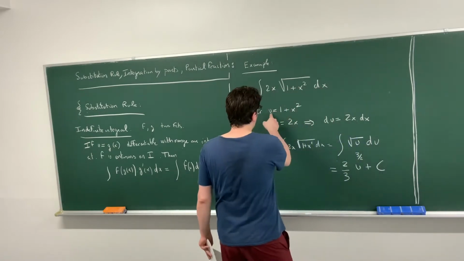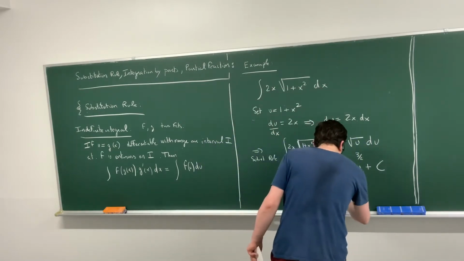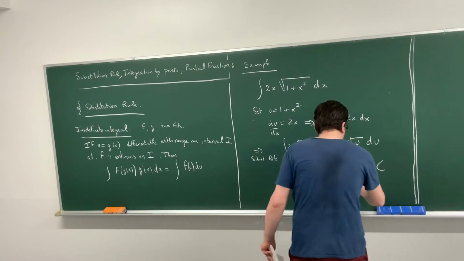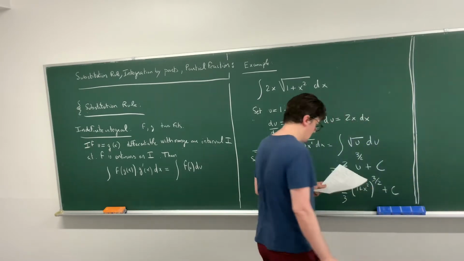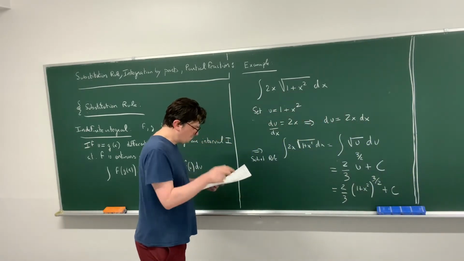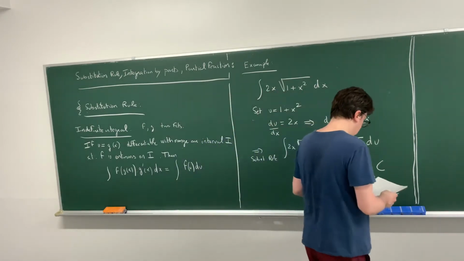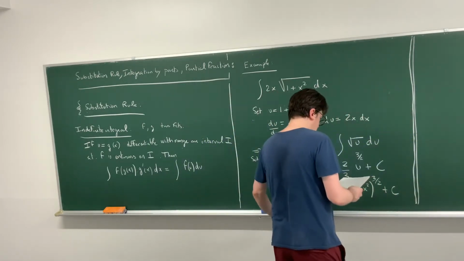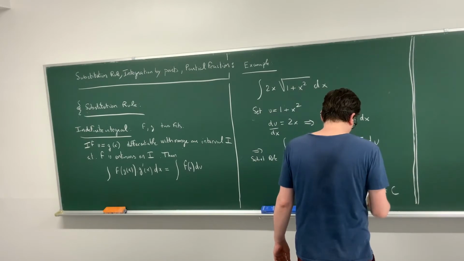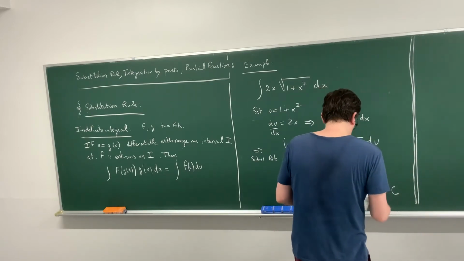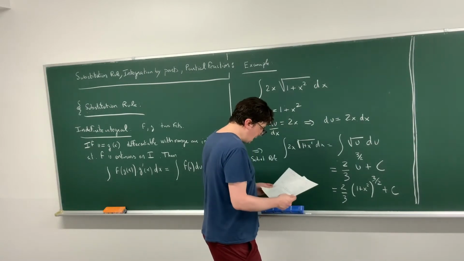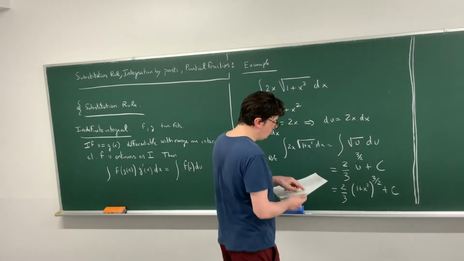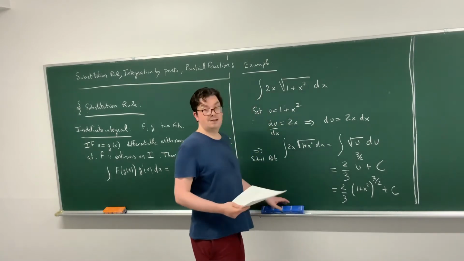Then you go back to what is u, and you can write that this is just 2/3 times 1 plus x squared to the power 3 over 2, plus a constant. So this works beautifully. And we have an analogous formula for the definite integral.